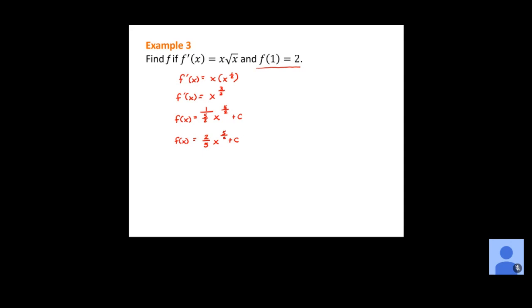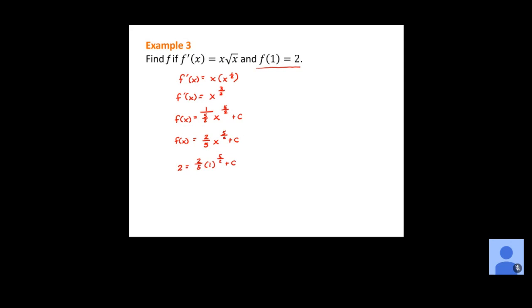So what are we substituting in place of f of x then? So not 1, because 1 is the what value? Okay, good. 1 is our x value. 2 is the f of x value. So this is going to be 2 equals 2/5 times 1 to the 5/2 plus c.